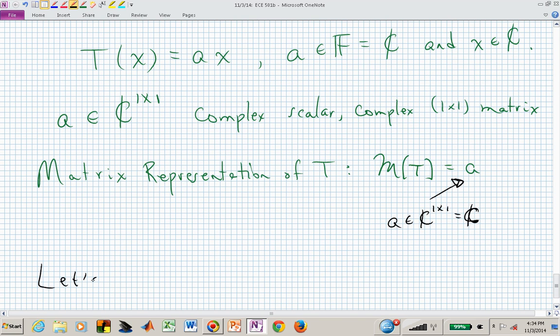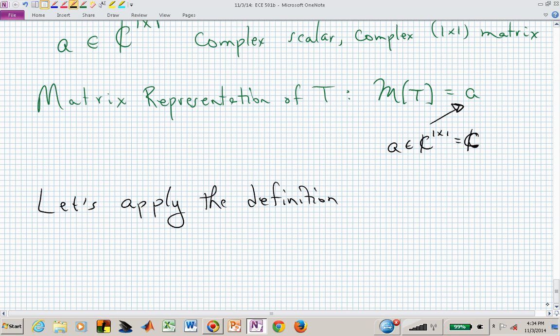Now let's apply this, or use this linear map or operator to define an adjoint.